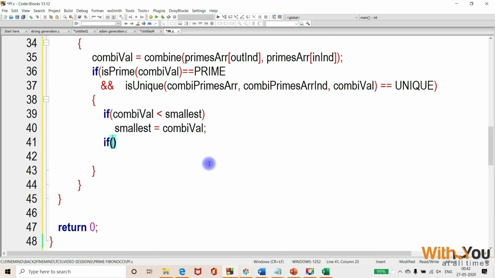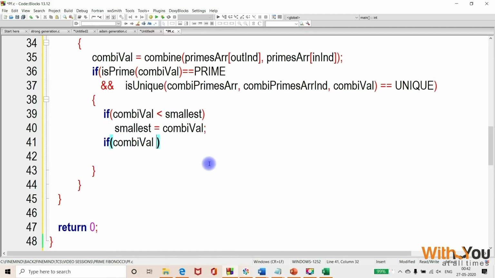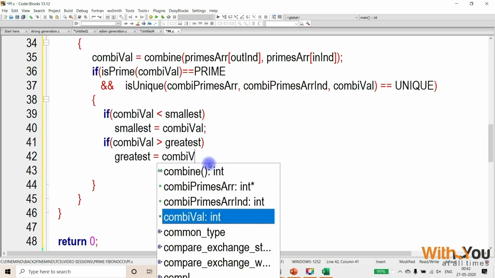Next, on the other side, if the combi val is greater than the greatest, we need to define that. Don't bother, we will define. Then greatest is equal to combi val. So in one loop, many achievements.